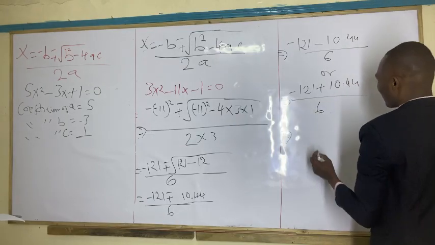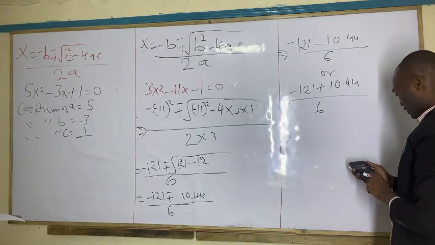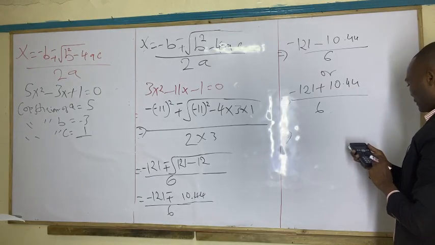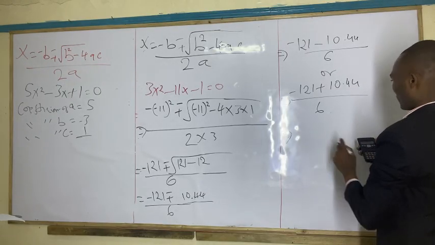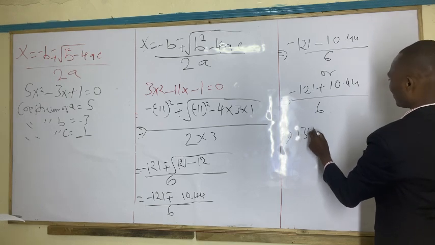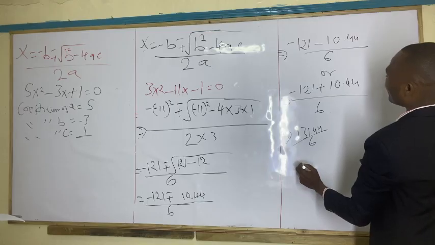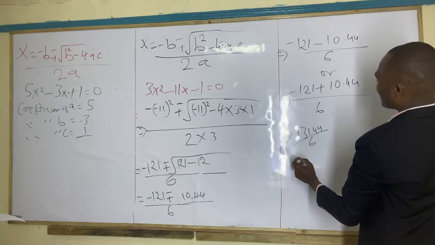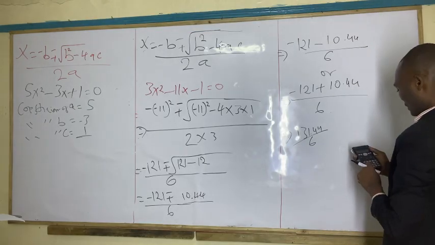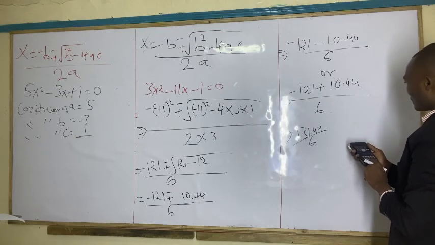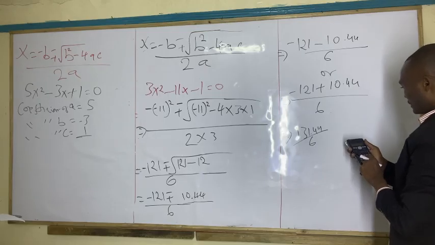So what are we getting? Negative 121 minus 10.44, 131.44 over 6, or 121 plus 10.44 divided by 6.